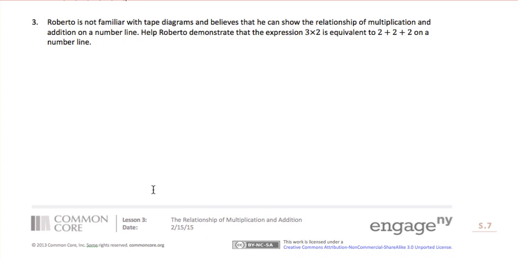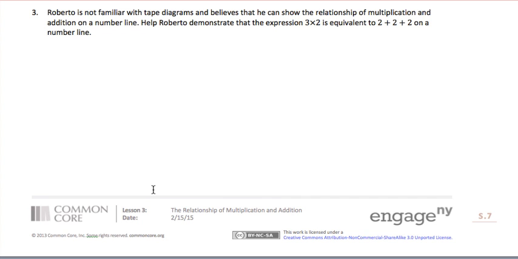If Roberto is not familiar with tape diagrams and believes that he can show the relationship of multiplication and addition on a number line, they've asked us to help Roberto demonstrate that the expression 3 times 2 is equivalent to 2 plus 2 plus 2 on a number line.